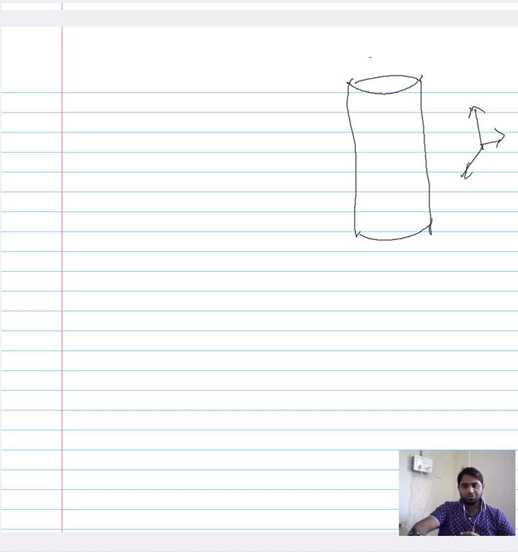We began by considering a simple setup for three dimensions, which is a rod, and this rod is experiencing a triaxial tensile loading along all three directions. It is experiencing tensile loading along the z direction, along the y direction, so this is z, this is y, and also along the x direction.